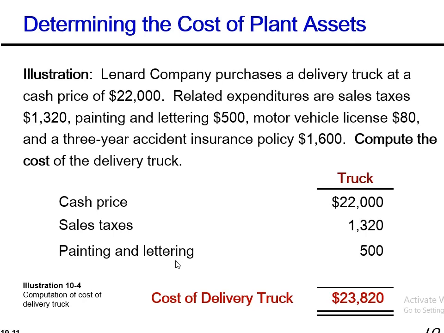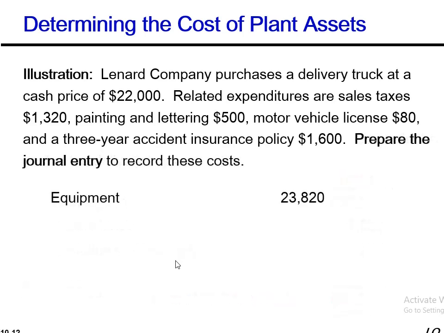So when you record the journal entry, you not only record the purchase of equipment, but also the license expense and the prepaid insurance. So altogether you paid cash.